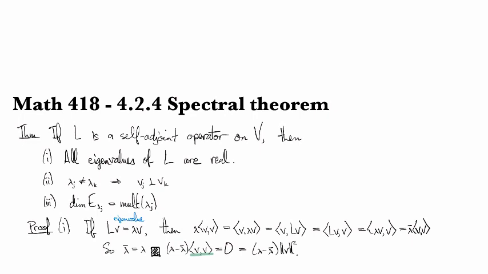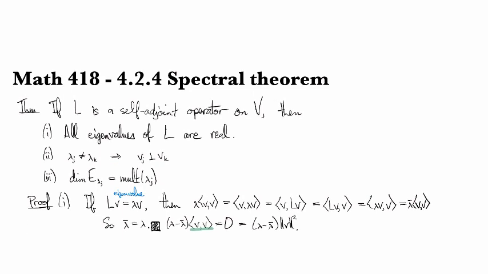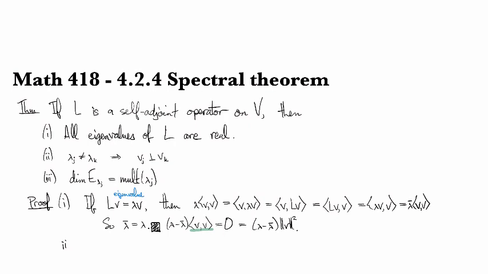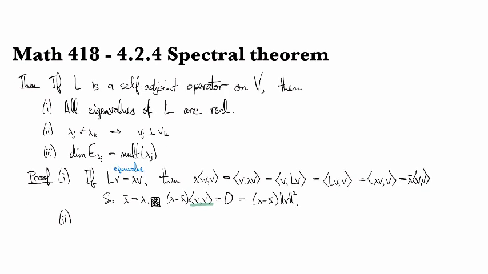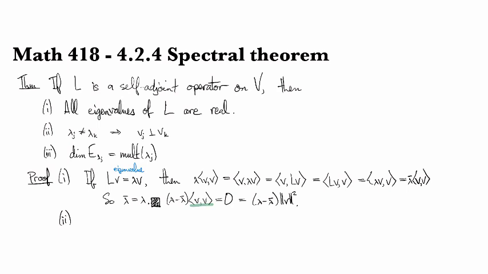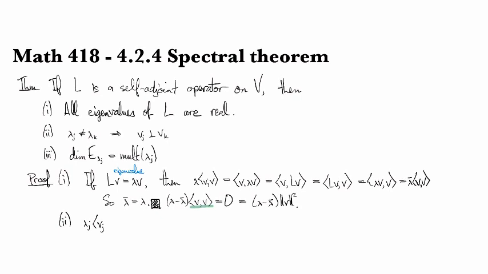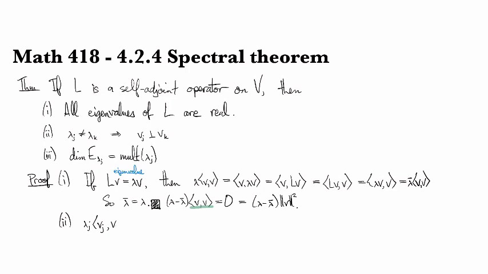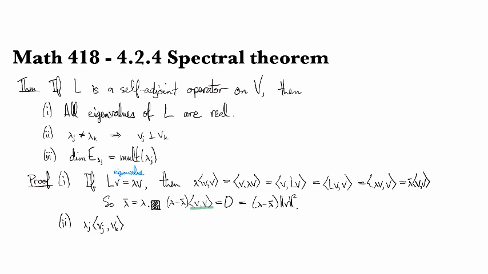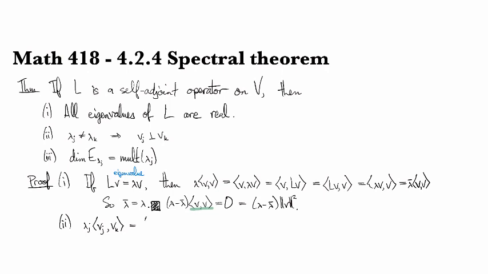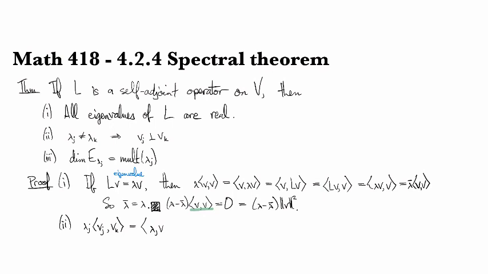So I guess the proof ended right here. Oh well, that was the proof of part 1. Let's do part 2 as well, because not only is it easy, but it's basically the same argument. Suppose we take eigenvalue lambda j, and we look at the inner product of its eigenvector with some other eigenvector. I'm going to put the eigenvalue in on the left side.